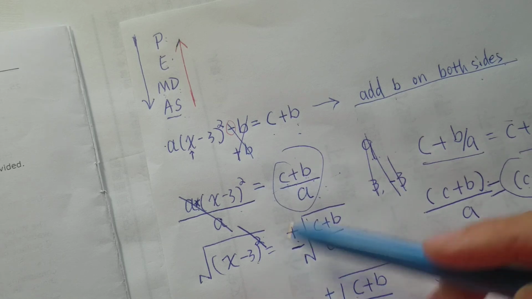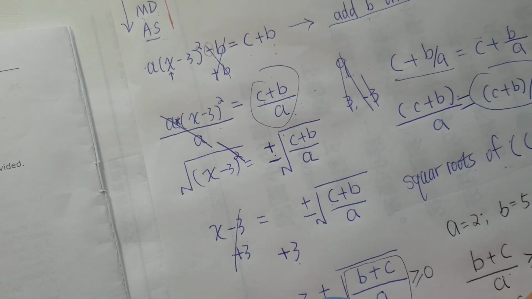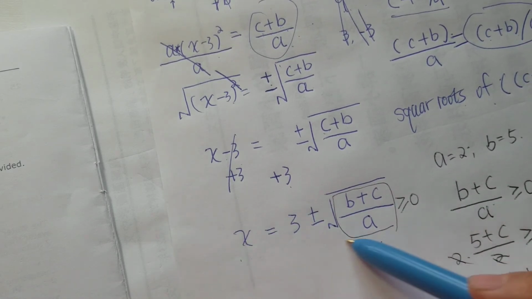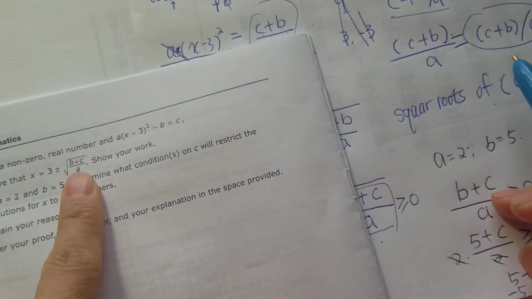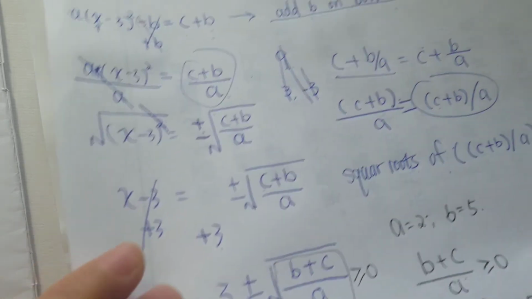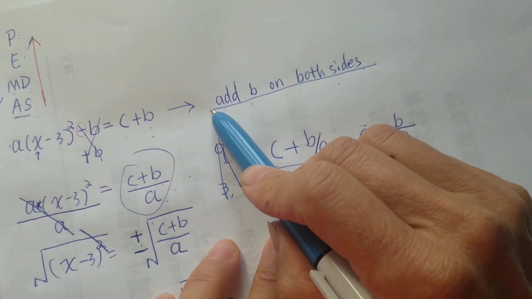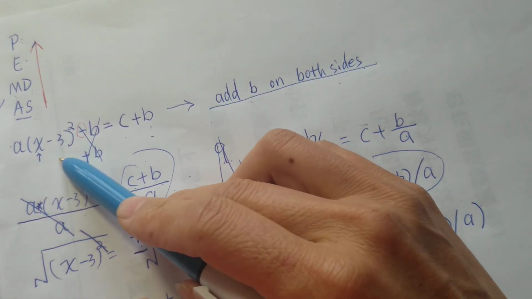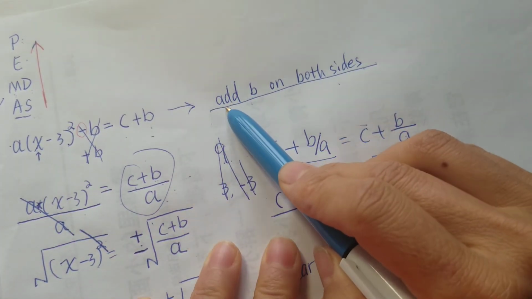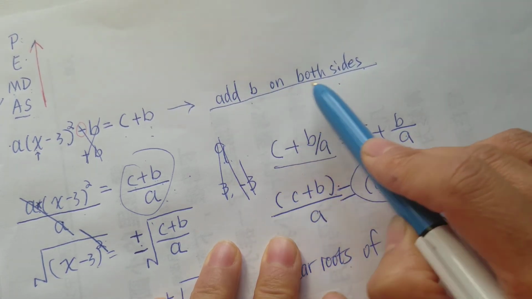Then step by step, when you solve it, you get exactly the function the question gave you, and you proved it. However, when you type on the computer, you have to translate your mathematical work into English words. So add b on both sides.